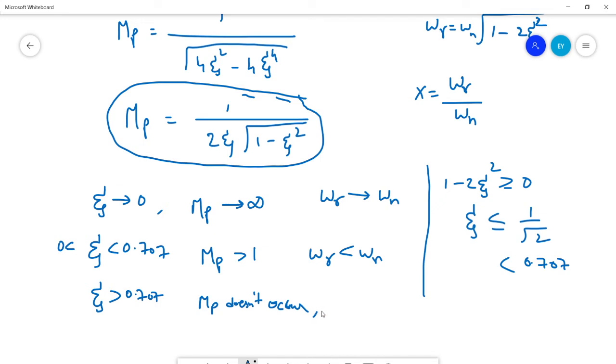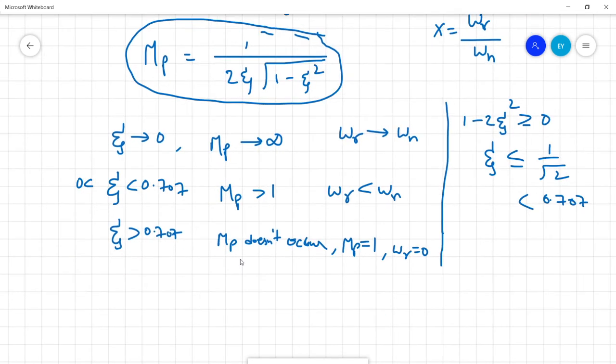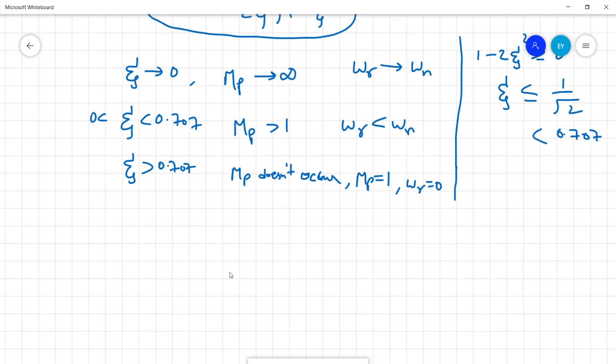No resonant peak, and Mp is equal to 1. And if you substitute here any value greater than 0.707, what you get is omega r will be equal to 0. So this is how you can compute resonant peak and resonant frequency.